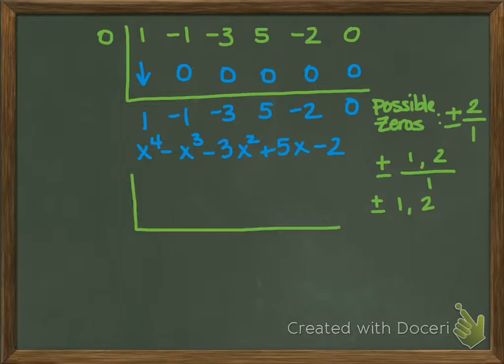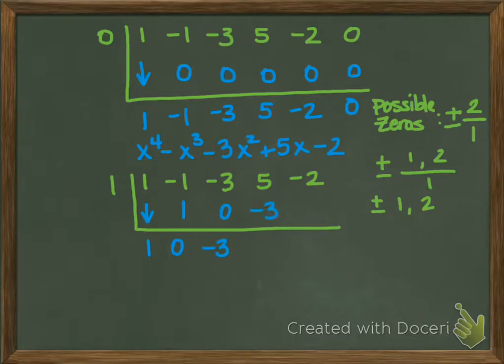Okay, so I set up for synthetic division, same numbers on the inside. I'm going to try a positive 1 on the outside. So bring down your 1. 1 times 1 is 1, plus the negative 1 that's there is 0. 0 times 1 is 0, plus the negative 3 is negative 3.